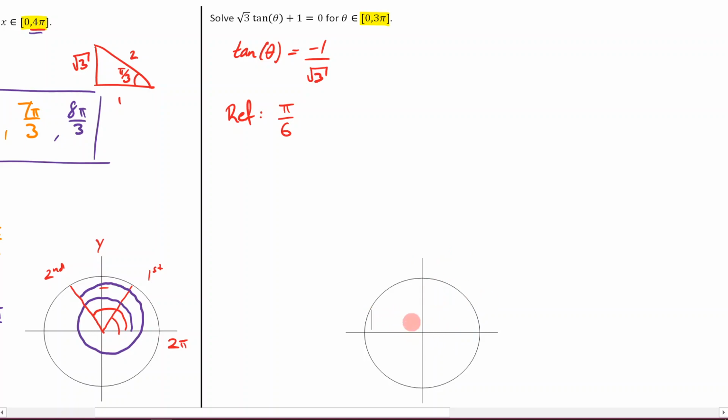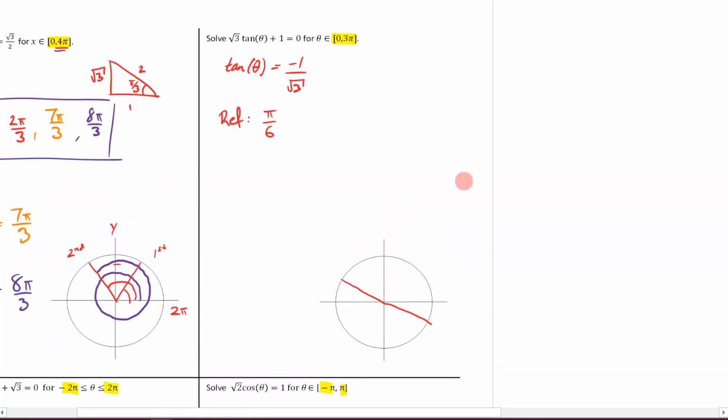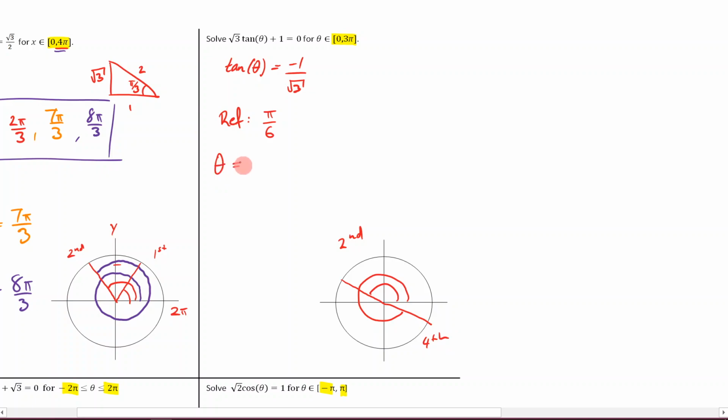Let's see if I can draw this nicely. Here and here. That's as good as it's going to get, which is going to be my second and my fourth quadrant. So that means theta is going to be 5 pi on 6 and then 11 pi on 6. Now here's the interesting part right here.